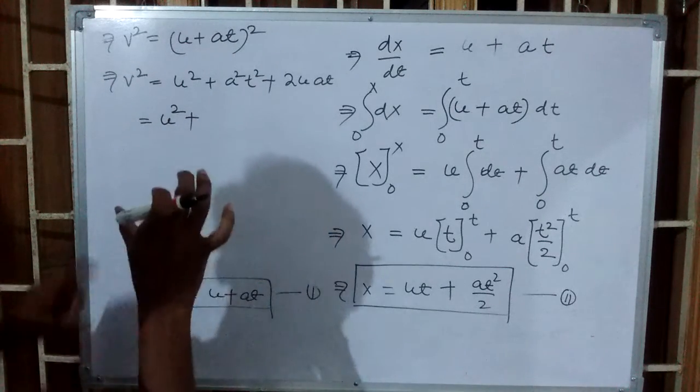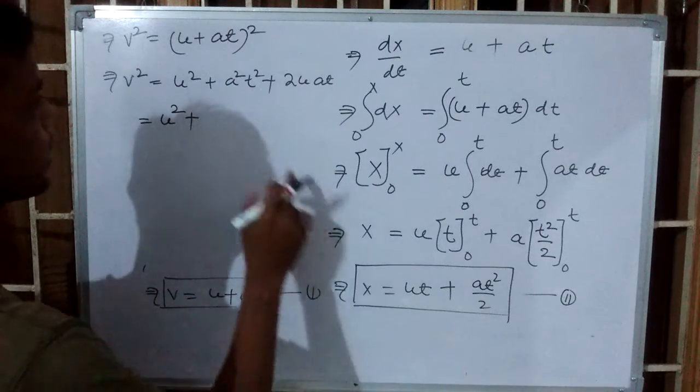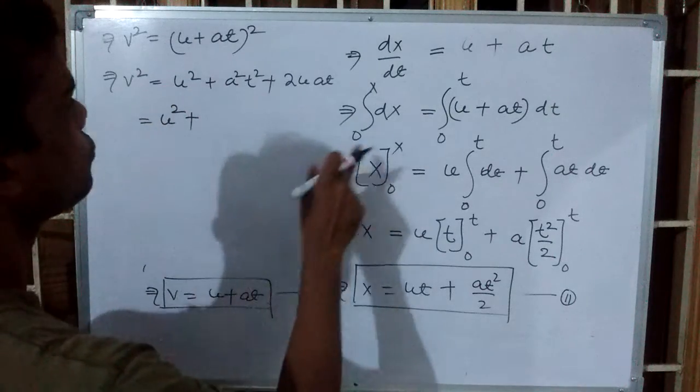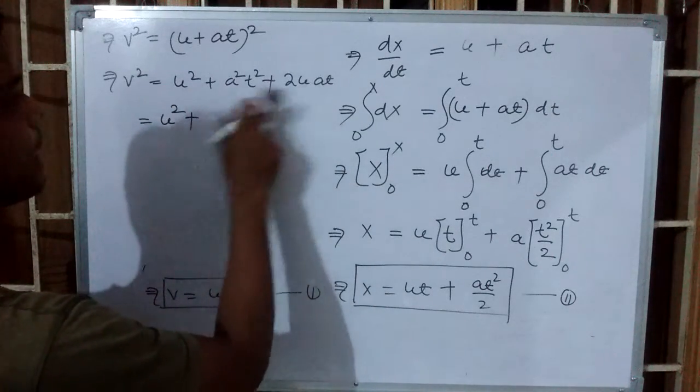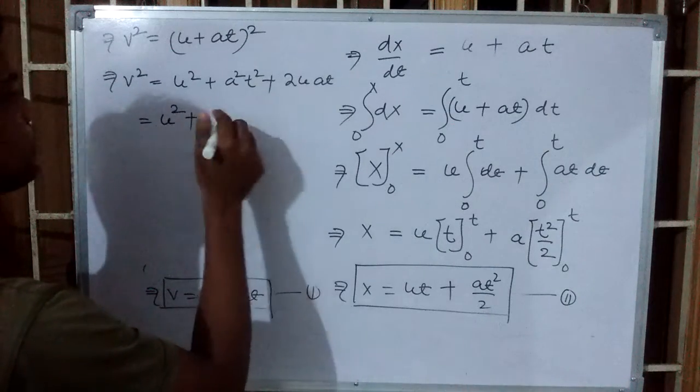I have to modify it somehow so that I get my required equation. Okay, u square plus a square t square plus 2uat. If I take a common from both these terms, at square, so I have to take a common.